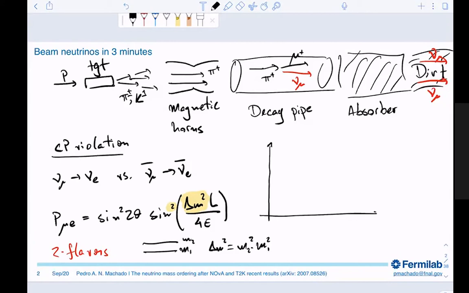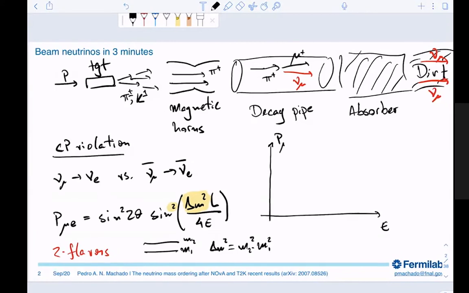So the way you measure these guys is you produce these neutrinos, you look at some oscillation physics, say, let me draw the nu mu to nu mu oscillations here, which is much easier for me. And what you see is something like this, where this minimum, this height here, is related to the mixing angle.